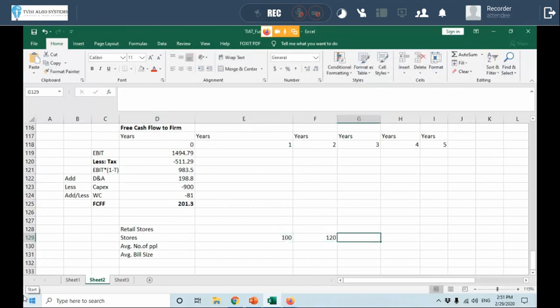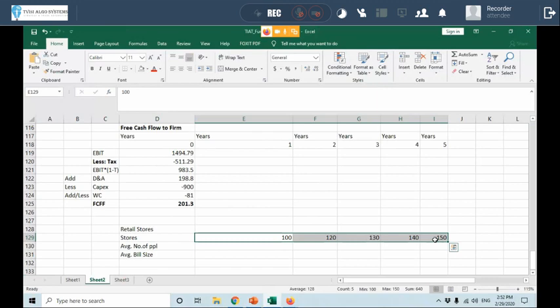Next year they say 120, next year 130, then 140, and by the next year they say 150 stores we will have. Normally people ask management how many stores they will have by the next 5 years. So suppose management says this is the number of stores we plan to target.